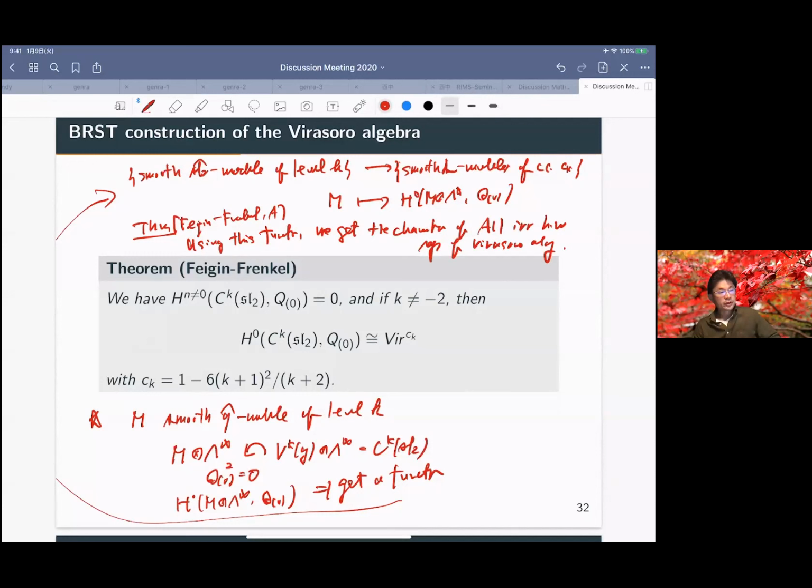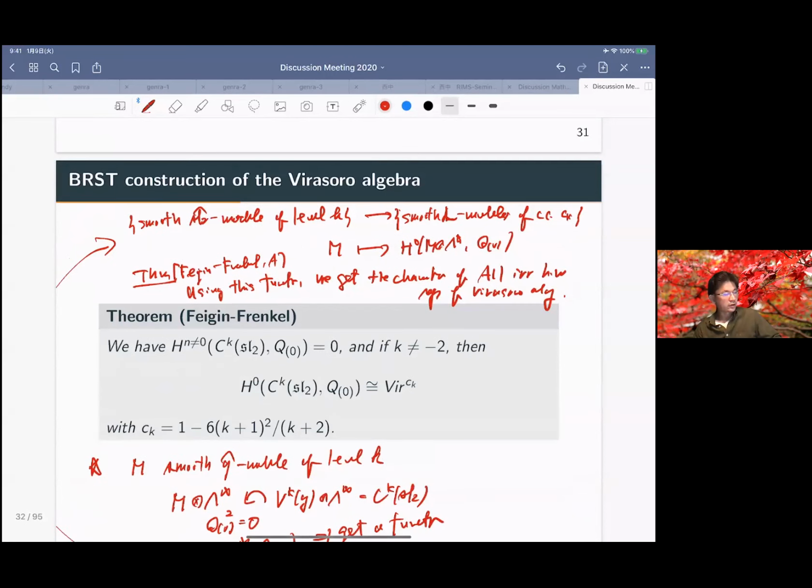So representation theory of the Virasoro algebra is very difficult, although it looks simple, because it doesn't have a Weyl group. So you cannot apply the standard technique of semisimple Lie algebras to study the representation theory of the Virasoro algebra. It's done by Victor Kac and Feigin-Fuchs, but it's very difficult.